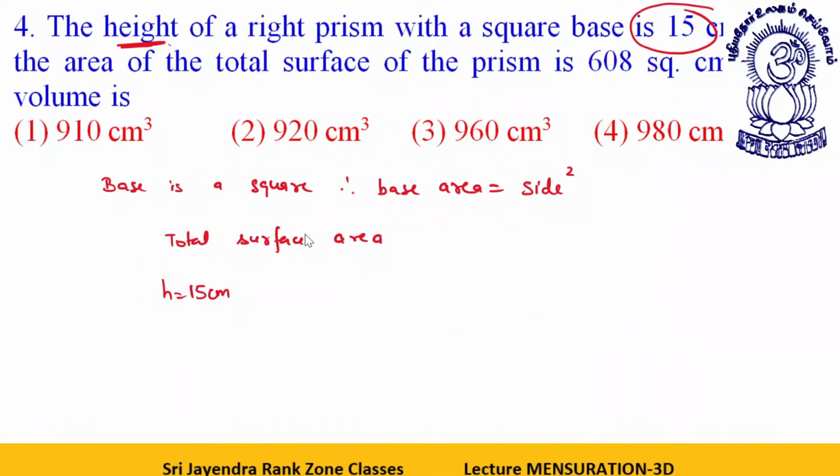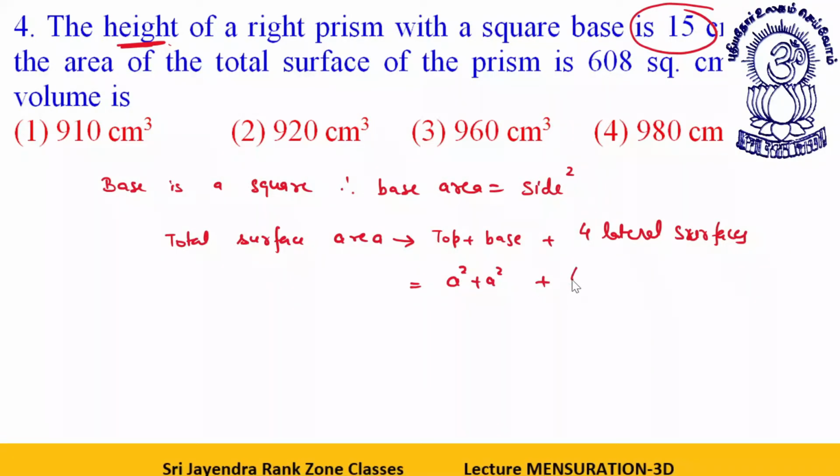What is the total surface area? Total surface area will be top plus base plus 4 lateral surfaces. So what will it be? Top plus base will be a square plus a square. 4 lateral surfaces like 4 into a into h.